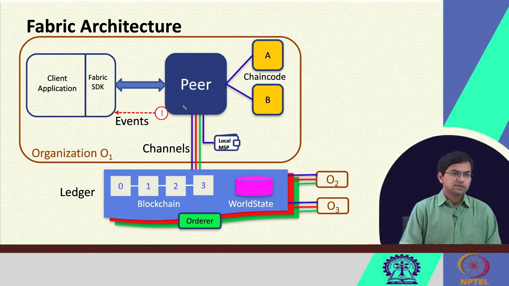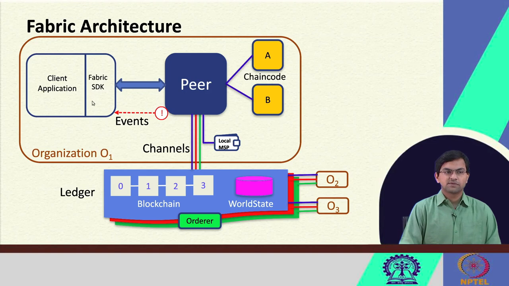As you can see, the peer also runs different chain codes. Chain codes are smart contracts deployed in Hyperledger Fabric, and these peers provide the interface using which client applications can interact with the Fabric network using the Fabric SDK.